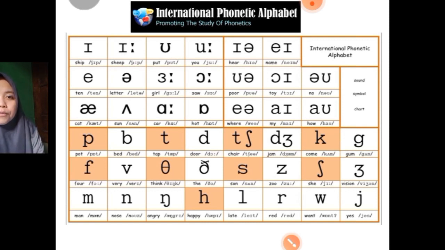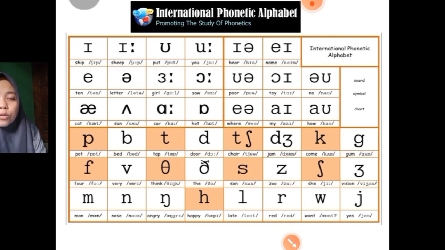The word for the short vowel is ship. And then the word for the long vowel is sheep. The third is the short u, and the word for it is put.